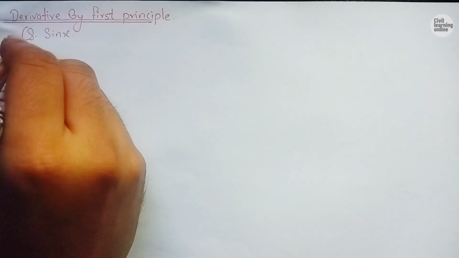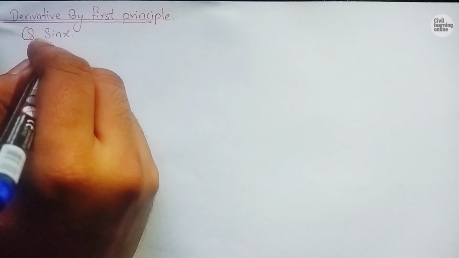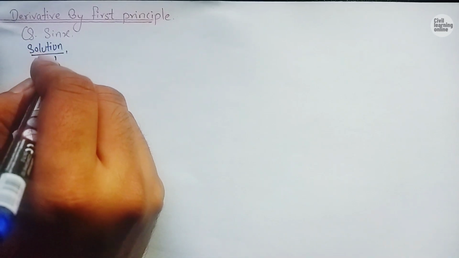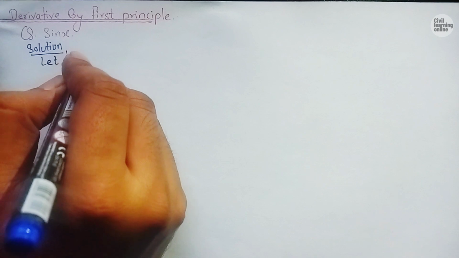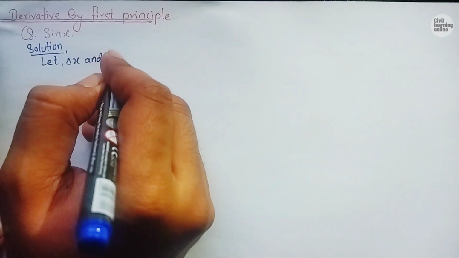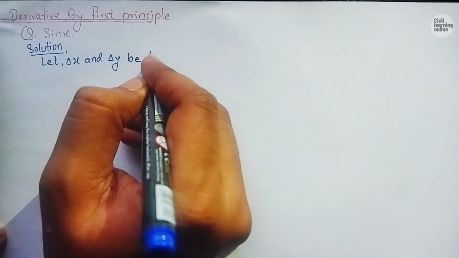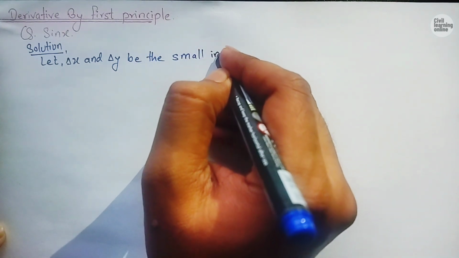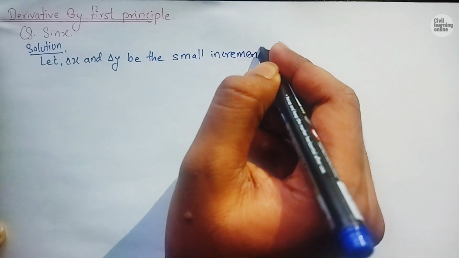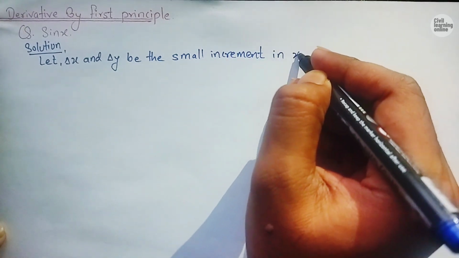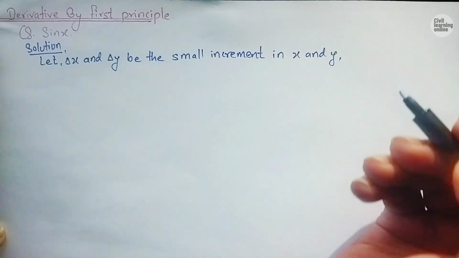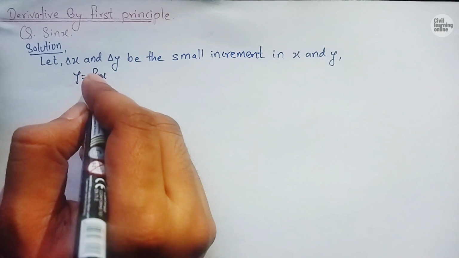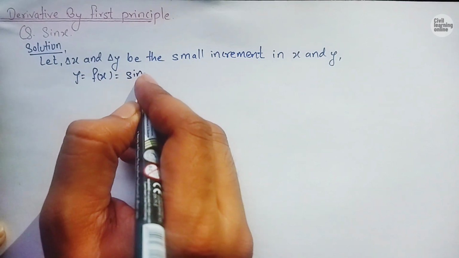So I am going to write here, solution. And as usual, the first line is: let delta x and delta y be the small increment in x and y, and we can write y equals f(x) equals sin x.